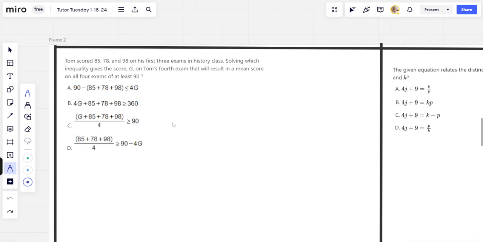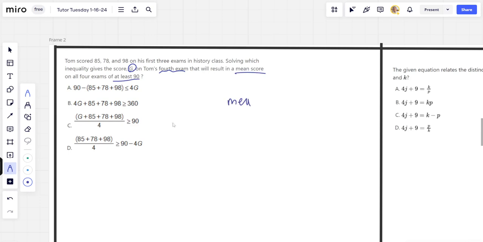It says Tom scored 85, 78, and 98 on his first 3 exams in history class. Solving which inequality gives the score G on Tom's 4th exam that will result in a mean score of at least 90? Okay, so mean score of at least 90.